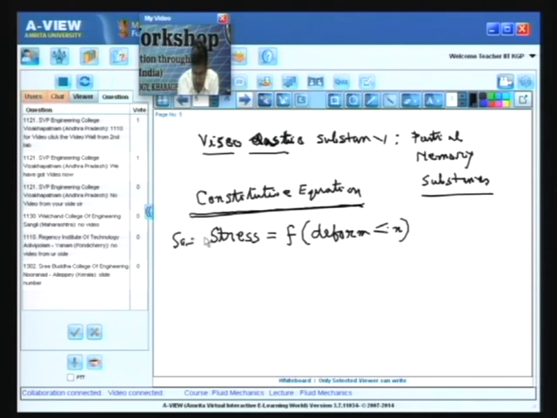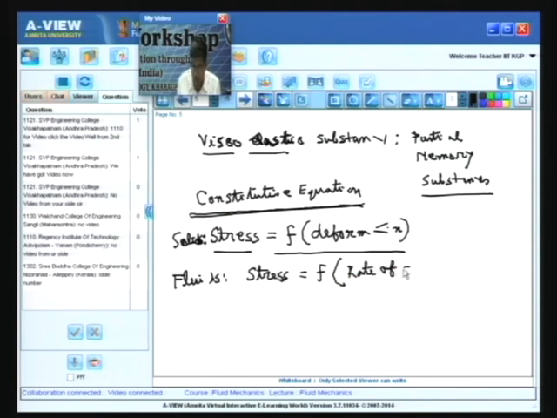is expressed in the form of stress as a function of deformation, whereas for fluids it is expressed as stress as a function of rate of deformation, since there is a continuous deformation taking place.